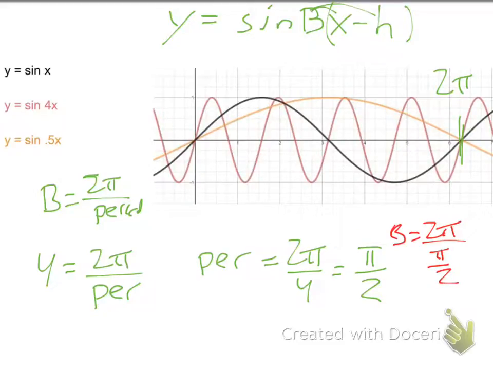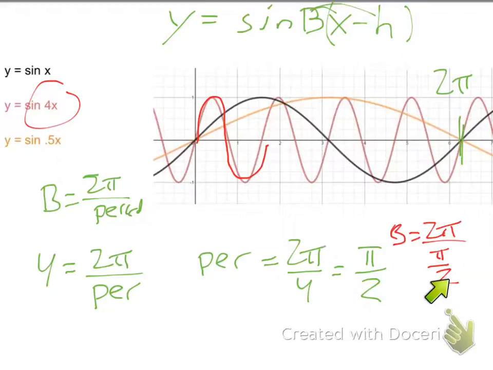I'm actually going to figure out how I got the 4, because that's what we need to find for our equations. So I'm going to look at the graph. I'm going to trace it and say, how long did it take to do that? 1.57. We keep on saying 1.57 is pi over 2. So I'm going to take 2 pi, divide it by the new period, which is pi over 2.